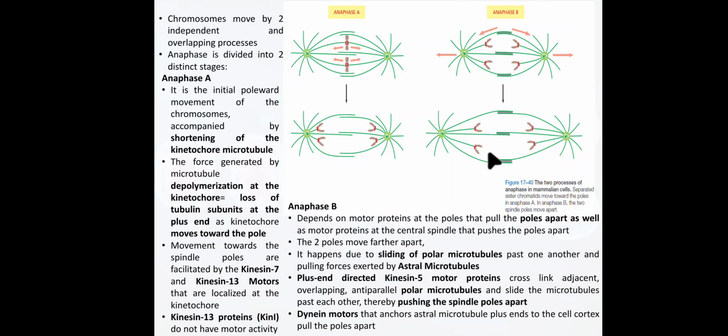The two poles move farther apart due to the sliding of polar microtubules past one another. Plus end directed kinesin 5 motor proteins cross-link adjacent overlapping antiparallel polar microtubules and slide them past each other, thereby pushing the spindle poles apart. There is also a dynein motor which anchors astral microtubule plus ends to the cell cortex and pulls the poles apart. So this was about anaphase.